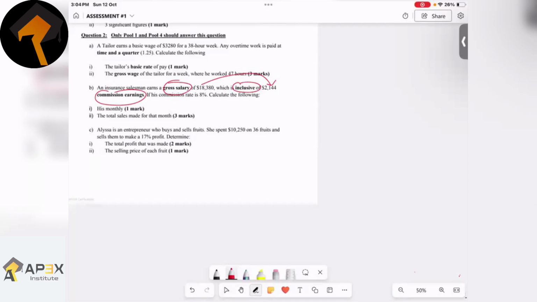Now, if his commission rate is 8%, that means that's how he gets his extra income. Calculate the following. Students fall into the trap of just doing this whole 8 over 100 times 2,144. There was quite a number of students that did this 8 over 100 multiplied by 18,380. It was just all over the place. It was absolutely insane.